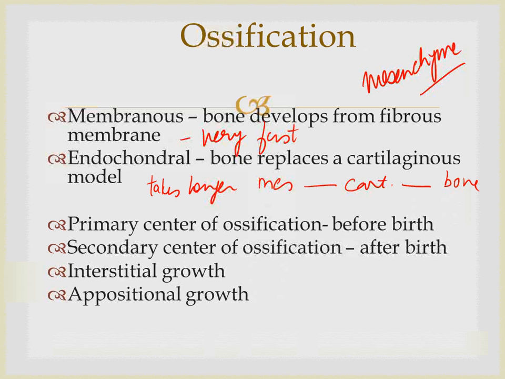Now, where ossification first begins, that area is called the primary center of ossification. Primary centers of ossification, for all practical purposes, we'll say always occur before birth. So they occur inside the uterus in what's called intrauterine life, and they're always seen in the diaphysis.